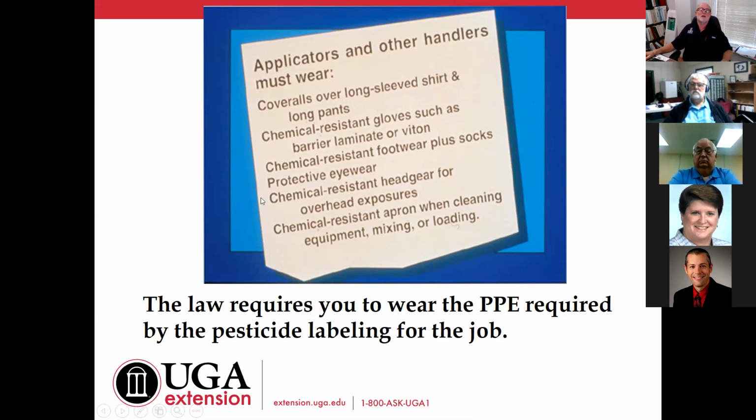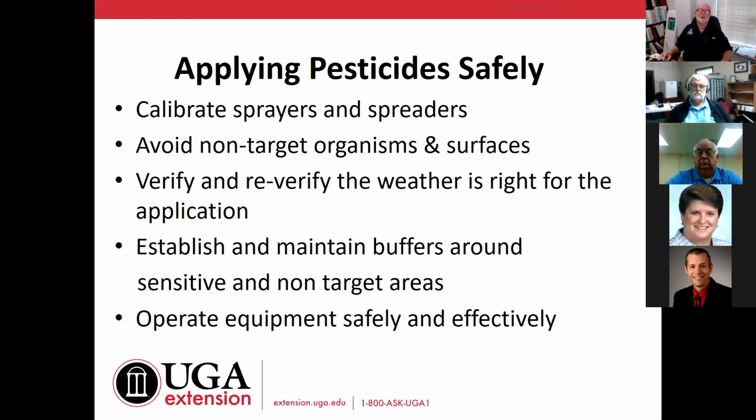But it could also include the eyewear, headgear for any overhead exposures, chemical resistant aprons. Refer to that label for what is required for you to mix, load, handle, and apply that product.